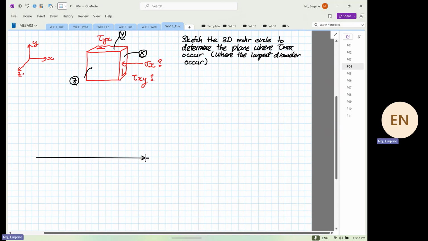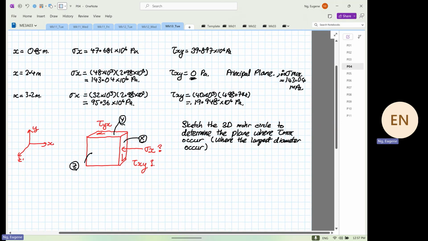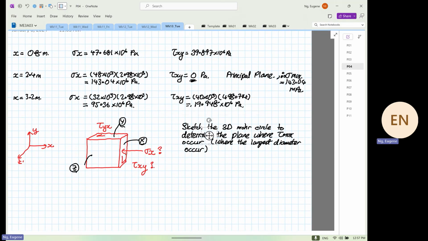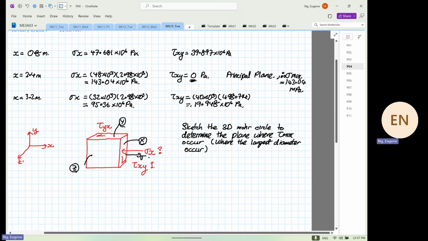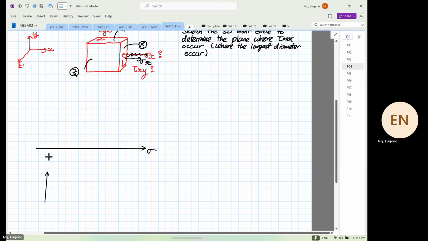Again, this is just a sketch, right? So this is your normal stress. When we calculate, we're going to assume that normal stress is in this direction. Stress X is positive, okay? So this is our shear.